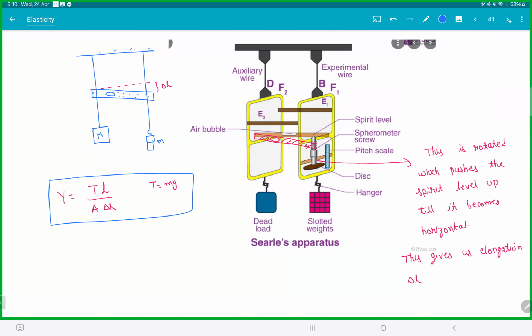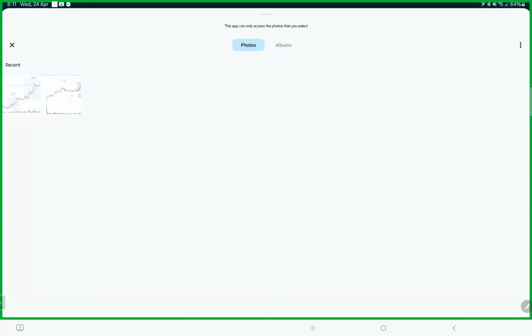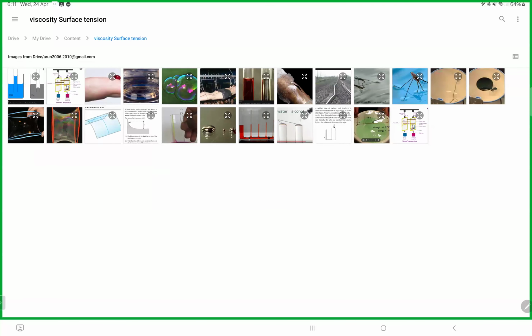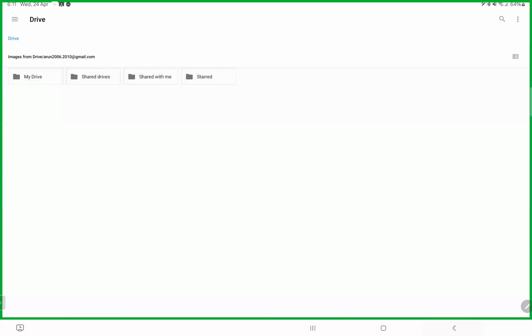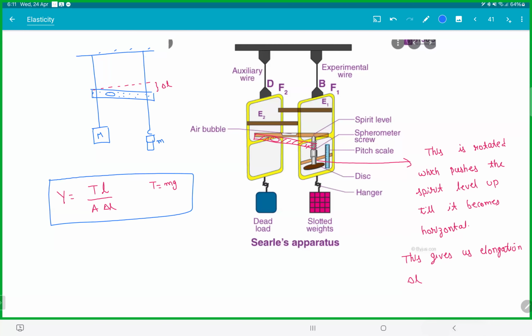So the experiment is straightforward. Have a look at this. Where is this? So in the exam, you know how they'll ask this question? They will give you something like a screw gauge reading. I'll teach you vernier calipers and screw gauge again later on.